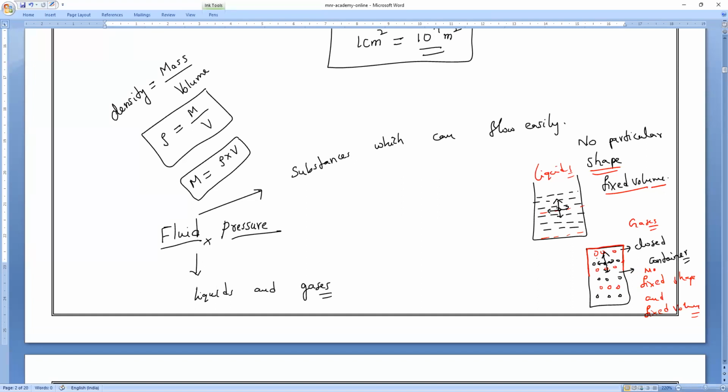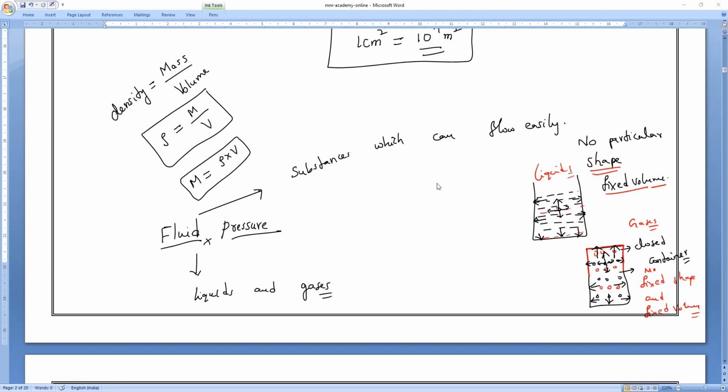So gases and liquids exert pressure in between themselves and also on the walls of the container, not only in one direction. That is the difference between solids and fluids.